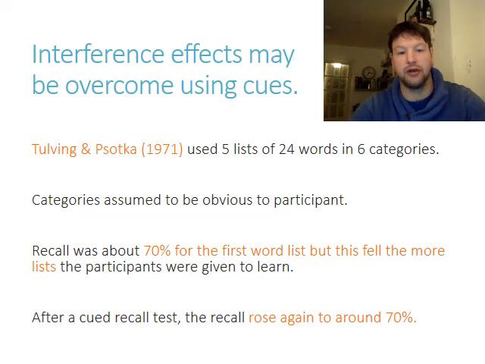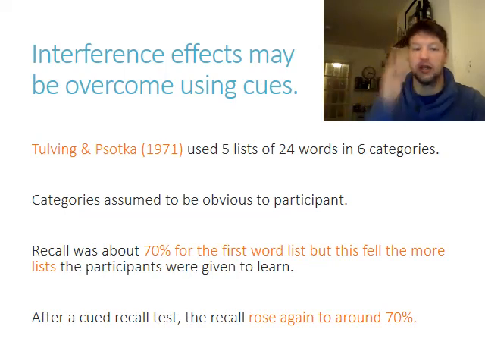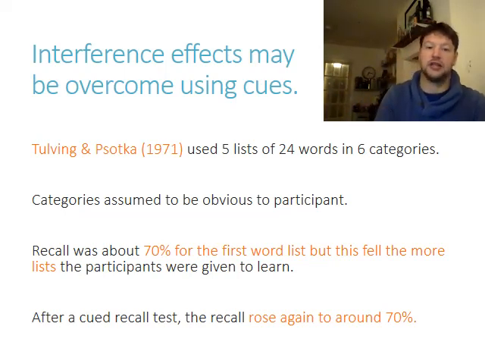Categories were assumed to be obvious to the participant. Recall was about 70% of the first word list, but fell the more lists the participants were given. Okay, that makes sense in our sense of interference. First list good, second list not so good, and by the time we've got up to 5 lists, the categories are all blurred together and we're getting lots of interference.